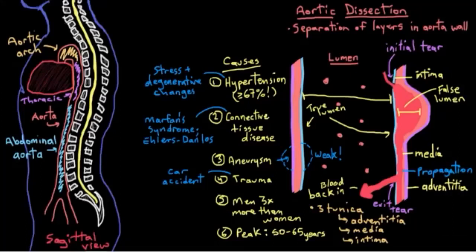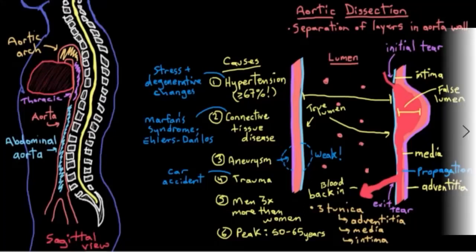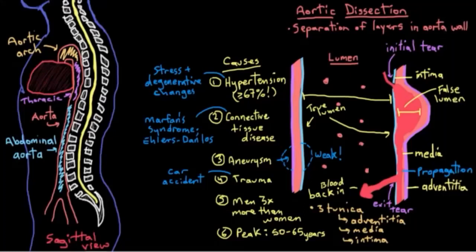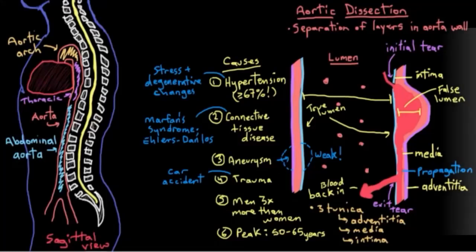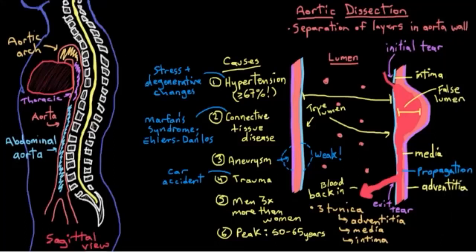So what happens is that now it's doubled, weakened, it's twice weakened, and it can burst. That is very bad. It will separate the tunica intima from the tunica media. And so that is bad, right? Because now this is way weaker.